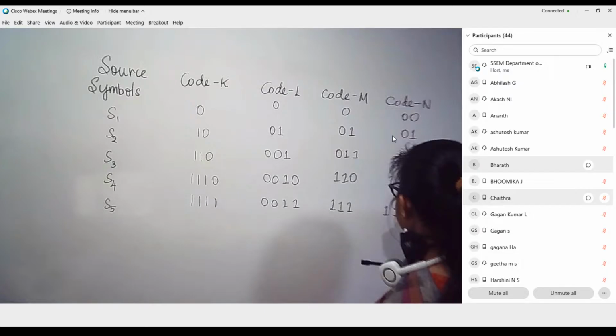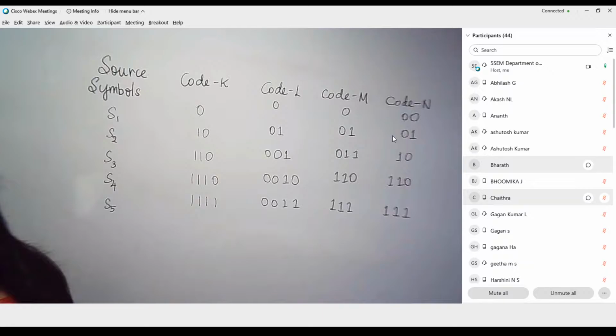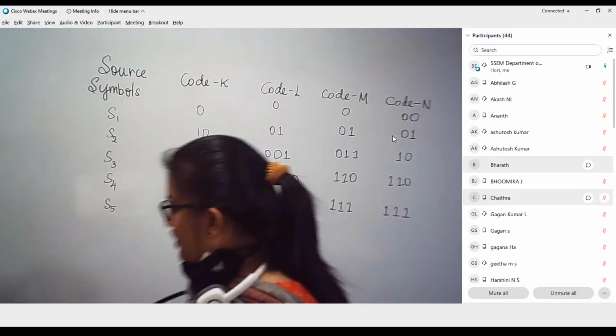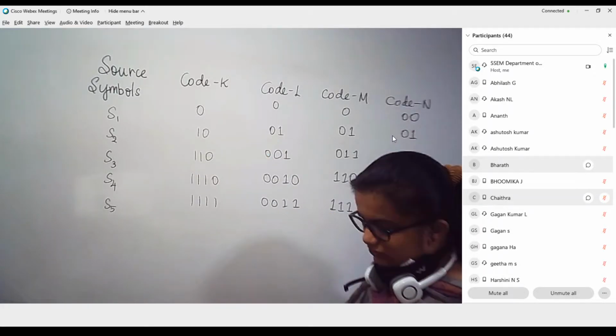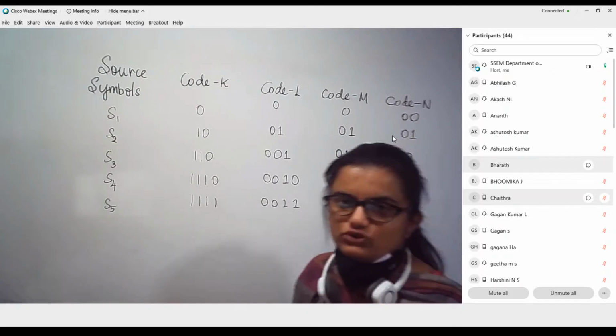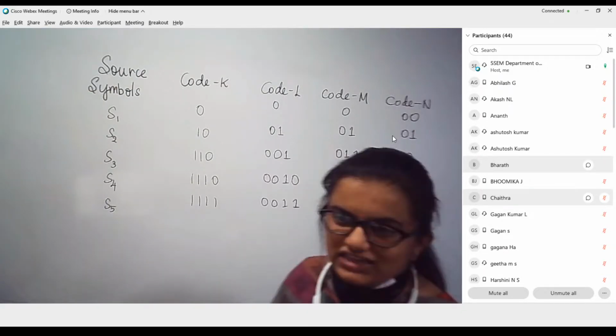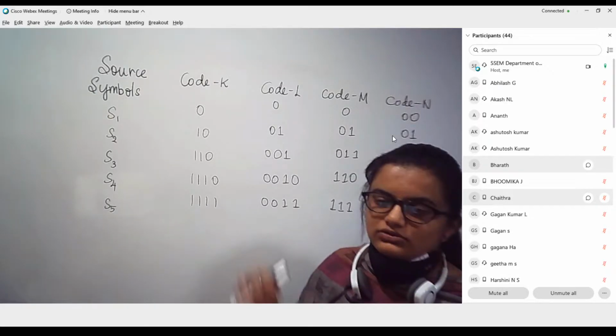So how do we decide? By looking at this table, can we verify whether this is an instantaneous code? One way is, we can note down the lengths of the individual symbols, and then we can find out by substituting into the Kraft-McMillan inequality. If the value is less than or equal to 1, then it says that the given code is an instantaneous code.